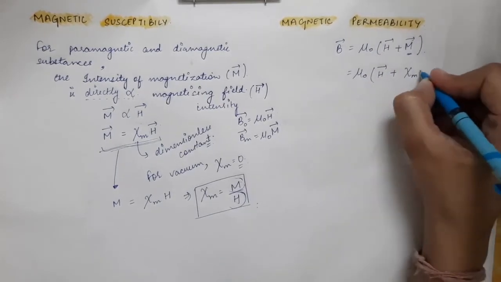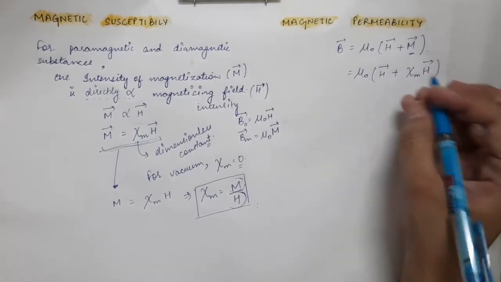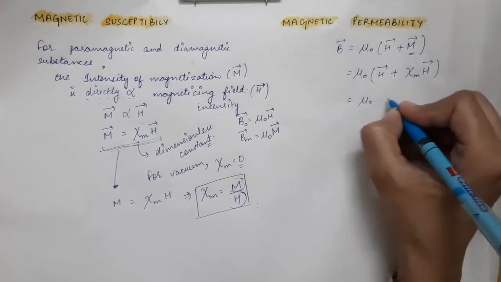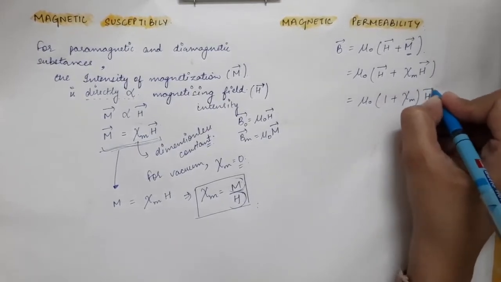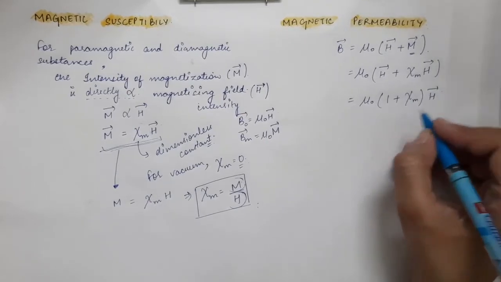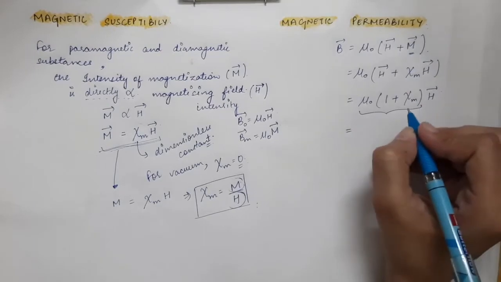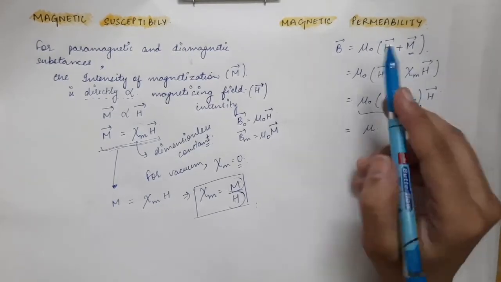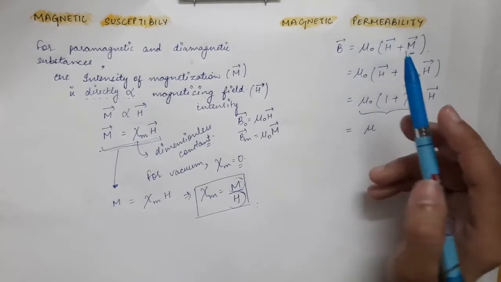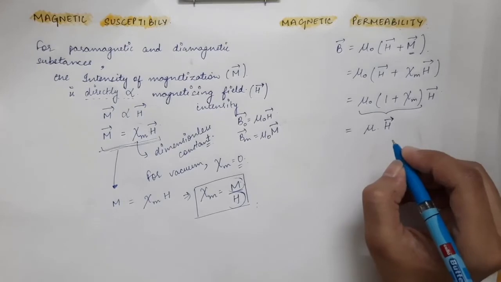Now this H vector can be taken outside the bracket and you will have 1 plus chi M times H vector. Now this quantity is replaced by mu, which is the magnetic permeability, times H vector as it is.